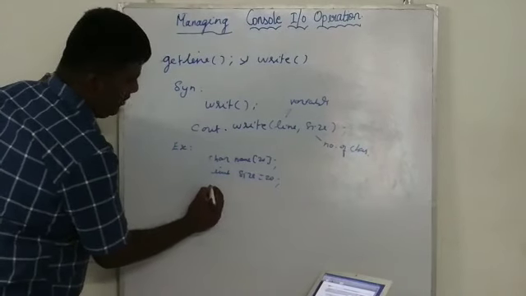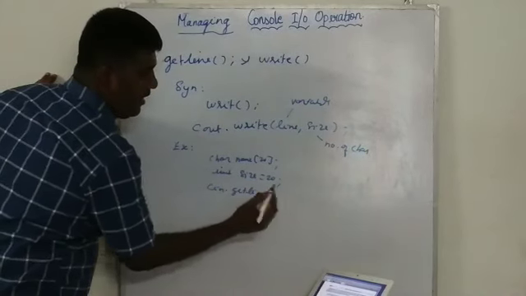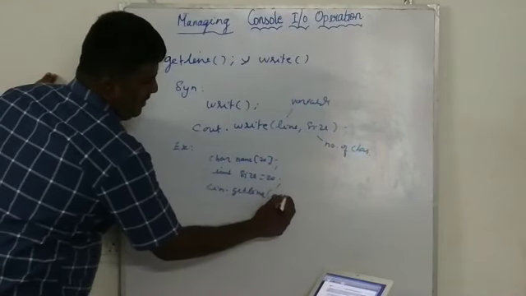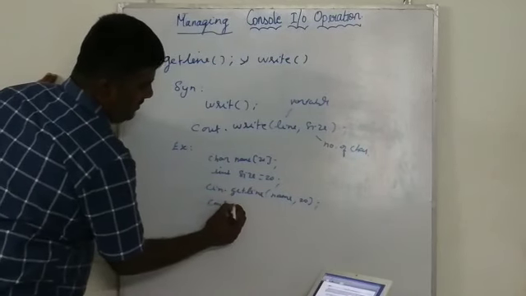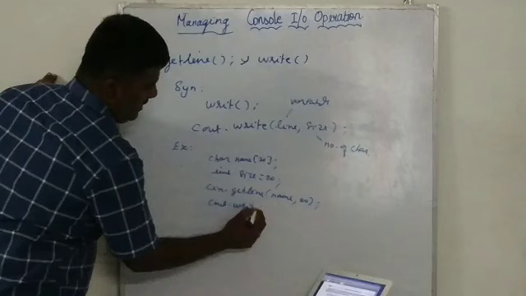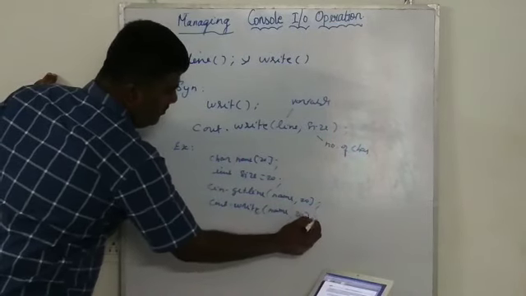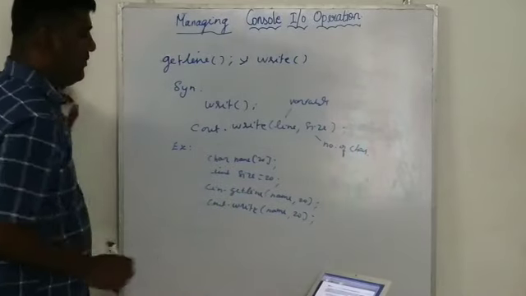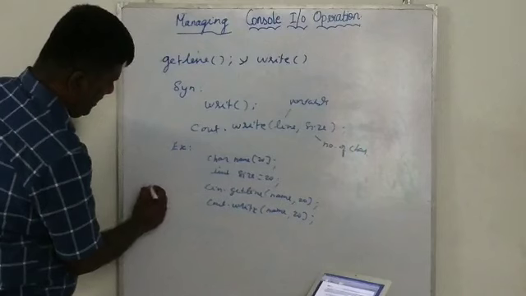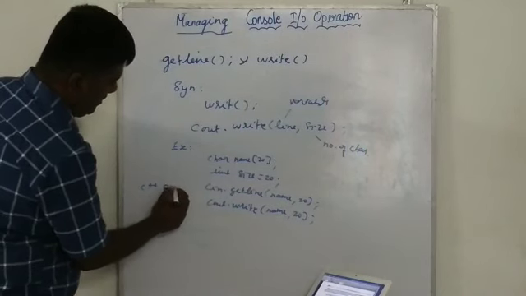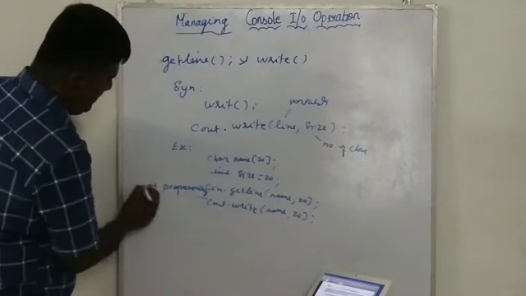So we use the cin function getline(name, 20), and simultaneously we print it with write(name, 20). Okay, so we are getting this input, C++ programming.